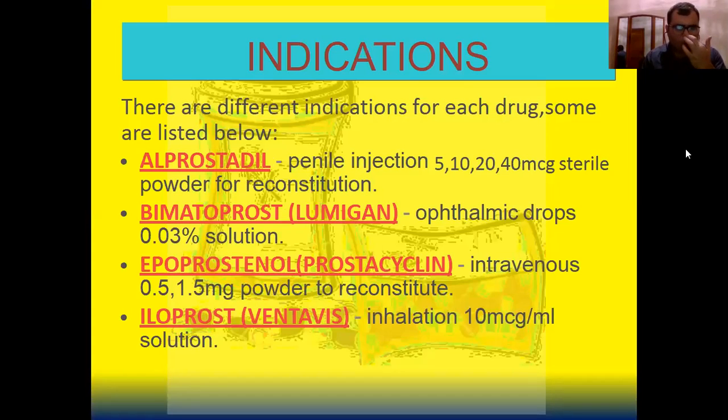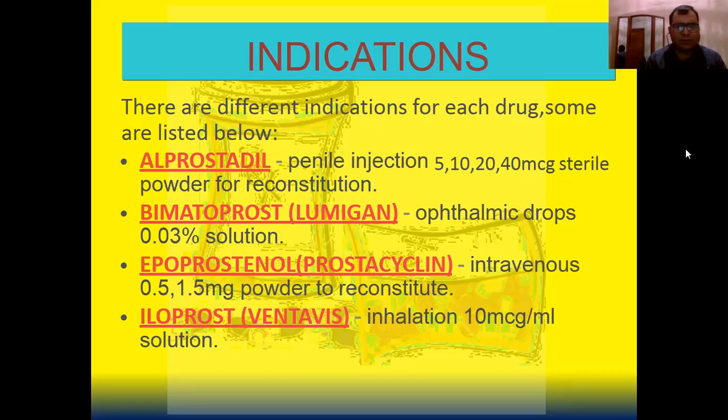Indications. Here we want to discuss the synthetic prostaglandins that we give to patients. There are different indications for each drug. Some are listed below. Alprostadil, penile injection 5, 10, 20, 40 mcg sterile powder for reconstitution. Bimatoprost, Lumigan, ophthalmic drop that we discussed earlier, 0.03% solution. Epoprostenol, prostacyclin, intravenous 0.5, 1.5 milligram powder to reconstitute.